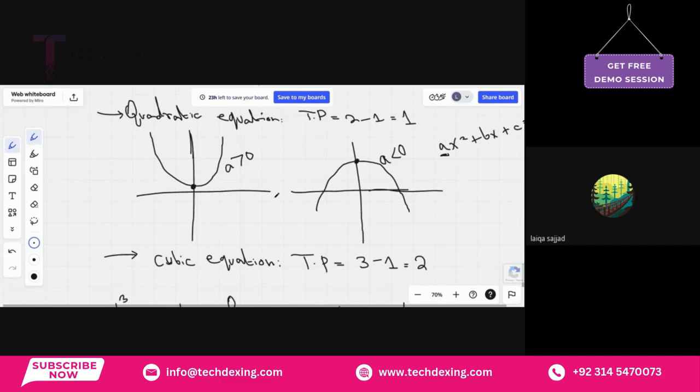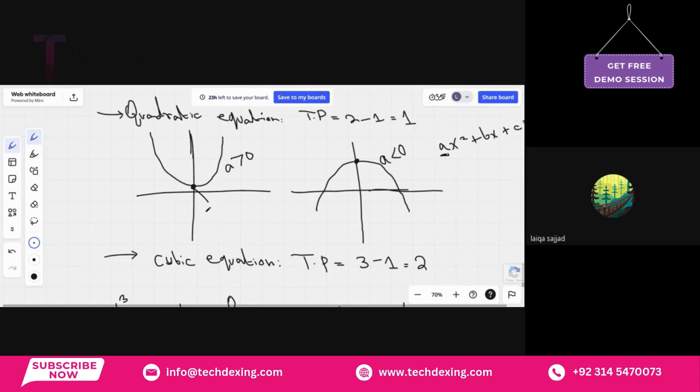And which of these is minimum and which of these is maximum? This is minimum. Minimum is a change from decreasing to increasing. So first it decreased and then after that it increased.